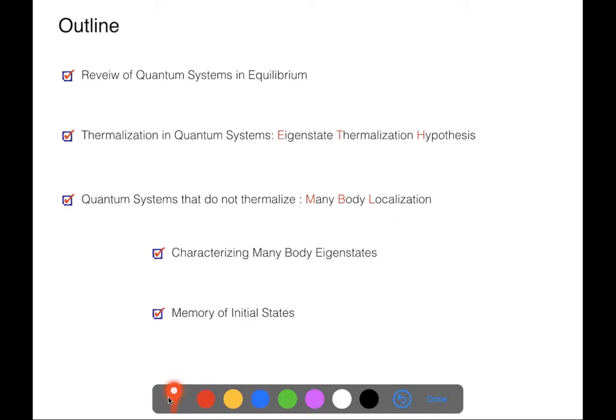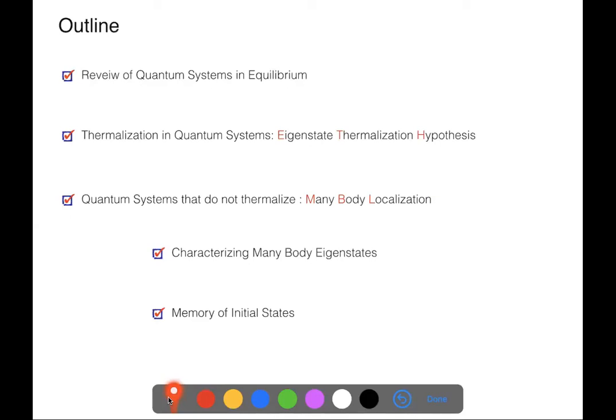And we will see as we go on that at least on computers, you can create systems which easily go from behavior which looks like the system is thermalizing, and then you can tune parameters of the system, and the system will start not to thermalize and get into this many body localized phase.